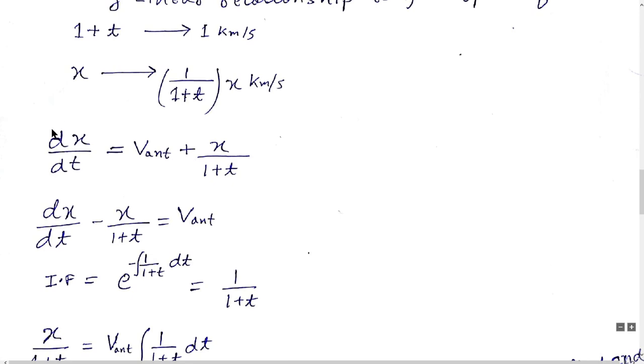The total velocity of the ant is the velocity of the ant itself plus the velocity of the point where the ant is. This is our first order linear differential equation.